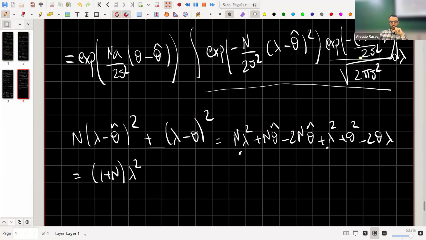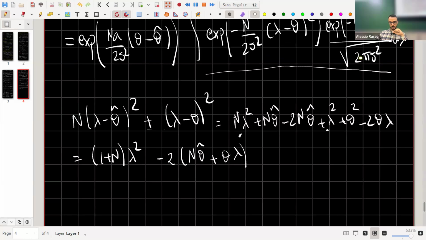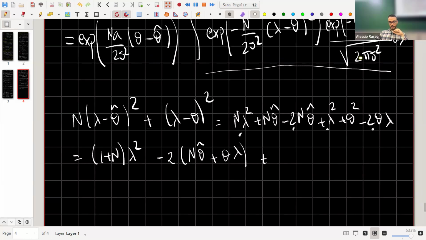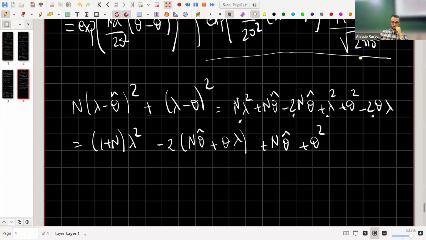Then we have the cross product, plus n theta hat squared plus theta squared.